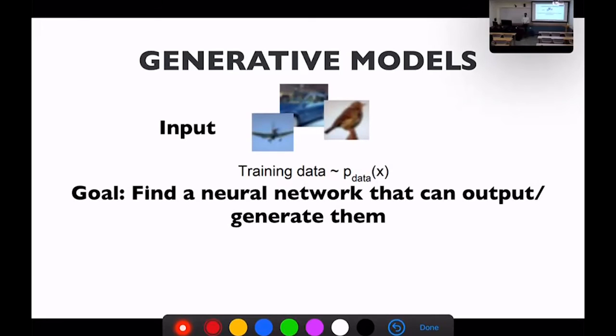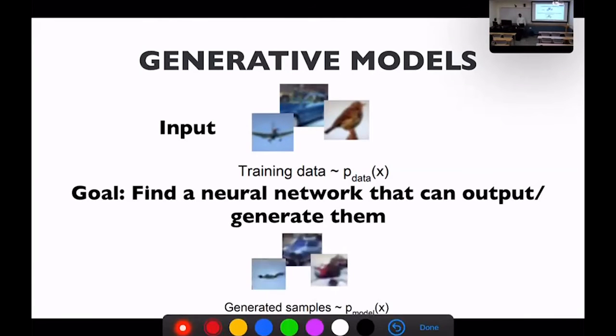For example, if you have photos of animals, bunnies, or birds that you see in the park, you might want to train a neural network that can generate them.